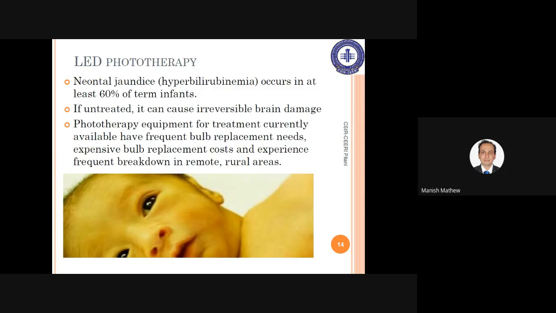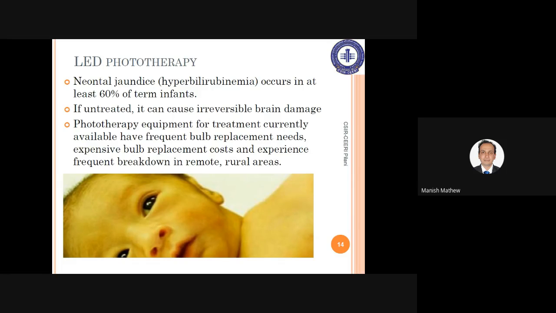So you might have heard of this, there is a thing that occurs mainly in infants, and most of the kids born in India have this. Once they are born, they have neonatal jaundice.